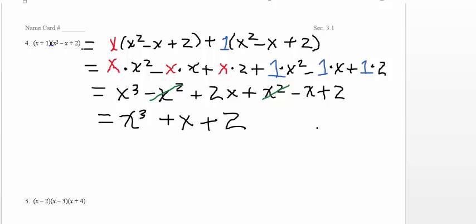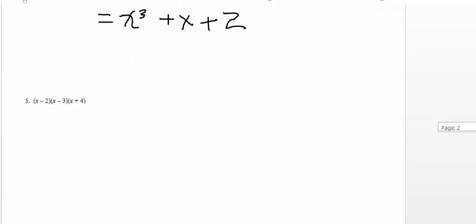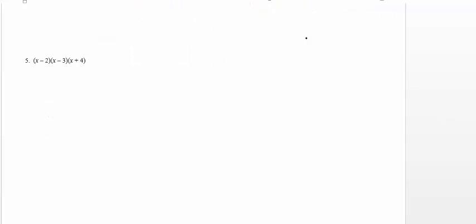All right, now I want to multiply 3 binomials. And I'm going to do that by multiplying 2 at a time. So first I'm going to multiply x minus 2 times x minus 3. Actually, I could do it that way. There's many ways I can do this.